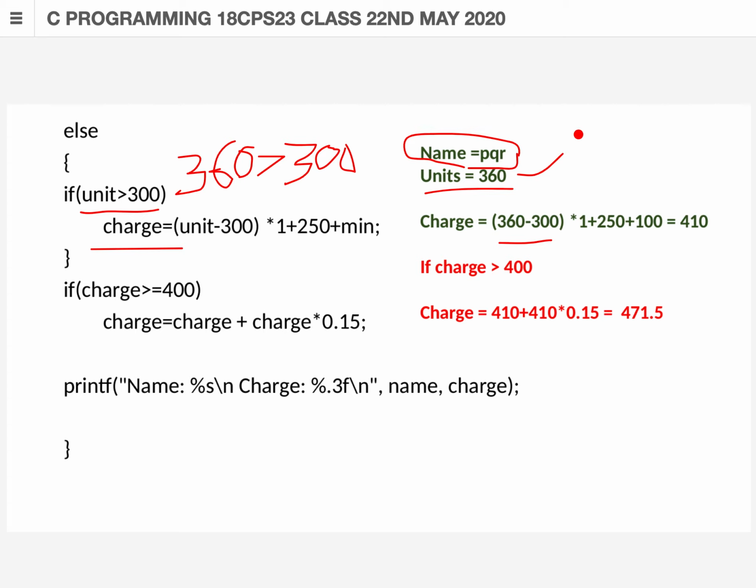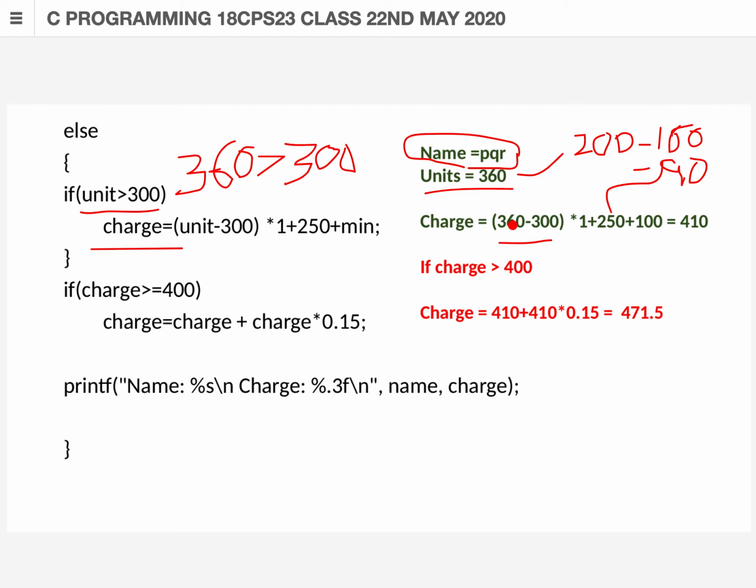So for up to 200 units, the charge is 160. So for 200 to 300, the charge will be 100 units into 0.9, we will get 90 as the result. So that total is 250, that we need to add for 300 units.